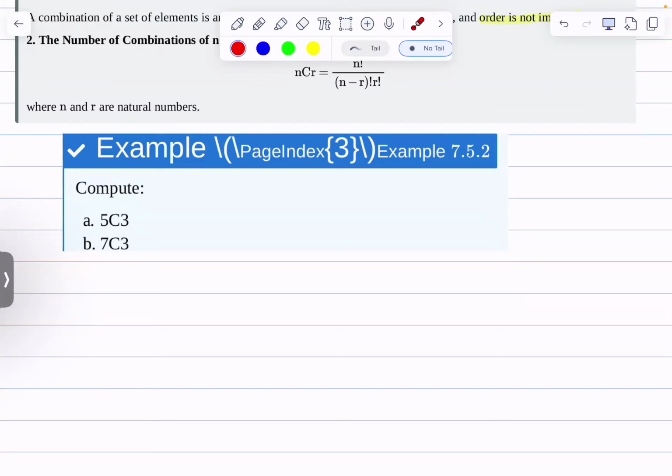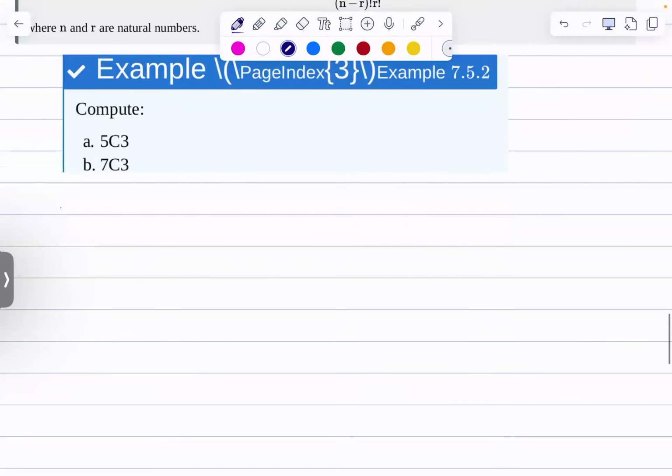All right. If we have to compute these things, I encourage you to check your work with your calculator, but I do want you to be able to do it using the factorials. You can check your work with your calculator, but you need to show what you did.